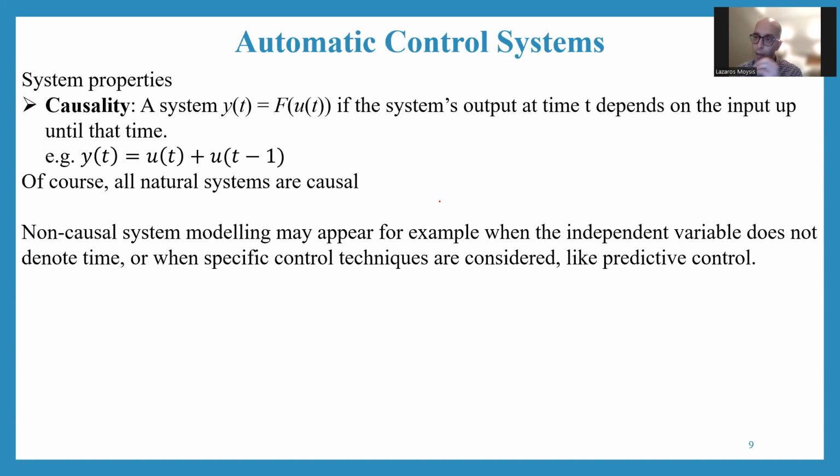You are establishing a technique based on the control or decision that you are taking right now, but also you are taking into account the actions that you are gonna take on the following turns, right? So you are acting right now, but you're taking into account your future steps. Of course, you're not breaking any continuous nature of the universe, but you're kind of taking the future into account. And this sort of idea is implemented in predictive control. But other than that, you're not gonna really find non-causal systems.